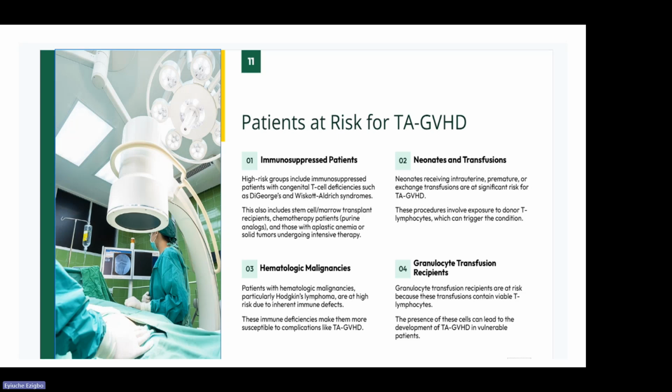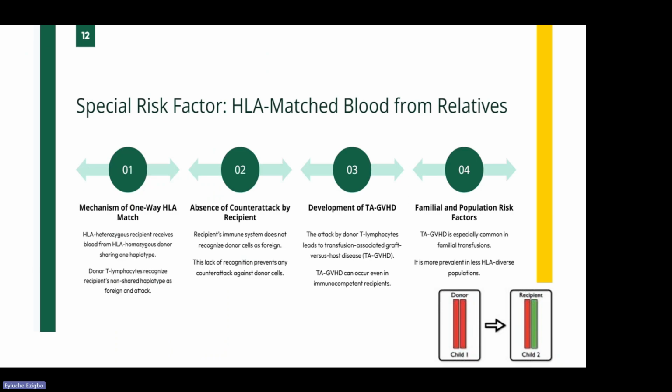The presence of these cells can lead to the development of TA-GVHD in vulnerable patients. So patients that are unable to mount an immune response are at risk of developing it if they are exposed to any form of transfusion.